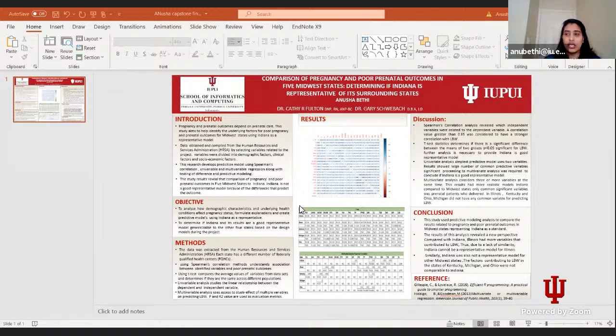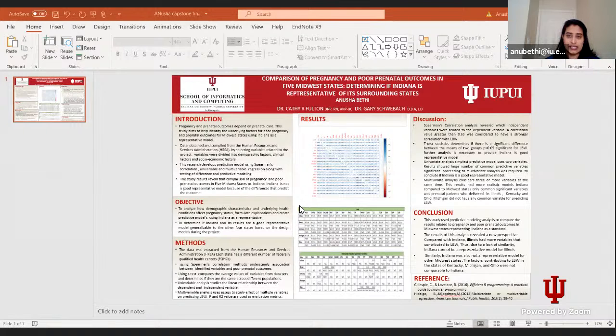Coming to methods. In the methodology, we started extracting our data from the Health Resources and Services Administration at data.hrsa.gov, where we collected all related variables. Each state had a different number of federally qualified health centers.